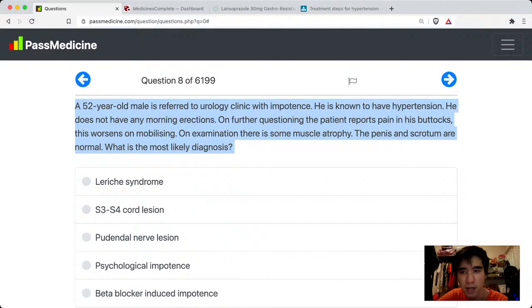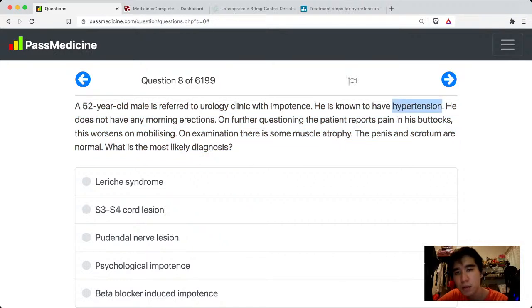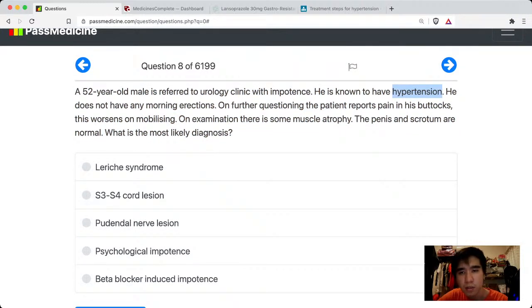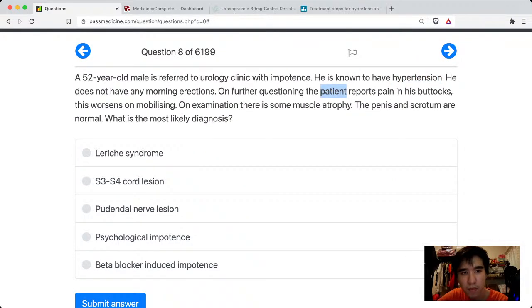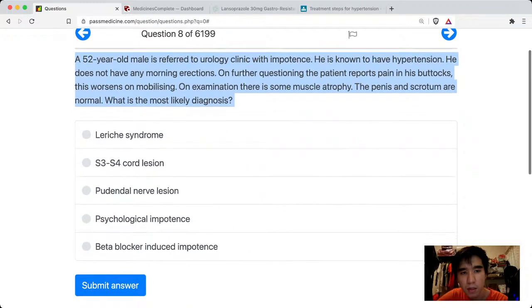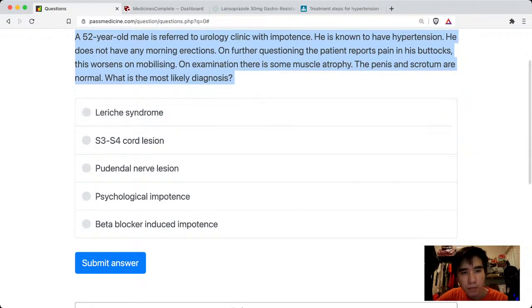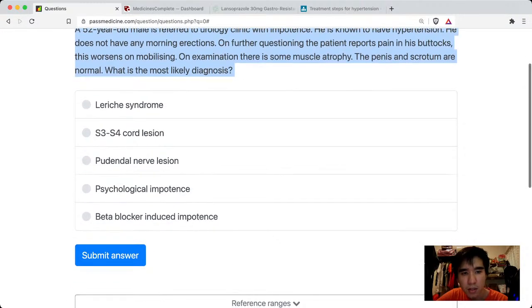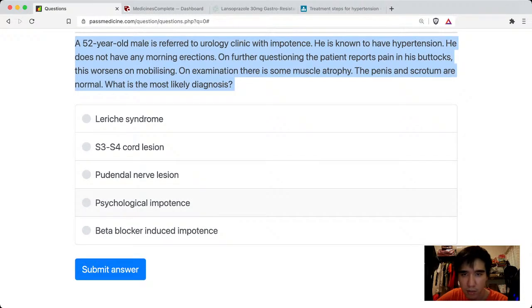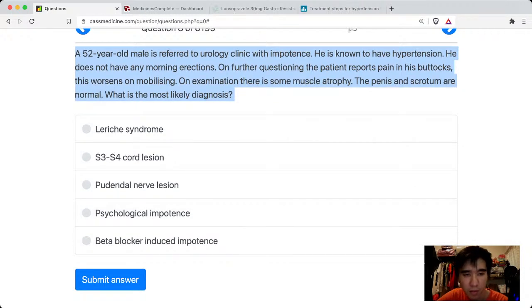What does he have? He has hypertension. Has it affected his nerves? It's not psychological. Some nerve pathology is going on there. S3 to S4.